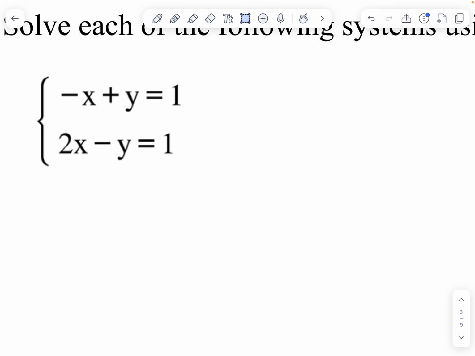Okay, so the first step in solving with an inverse is to convert this into a matrix. So -1, 1, 2, -1.